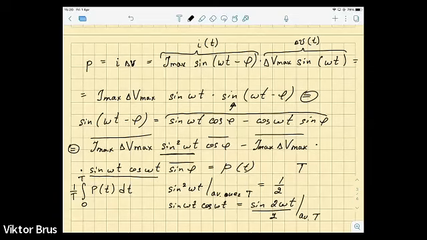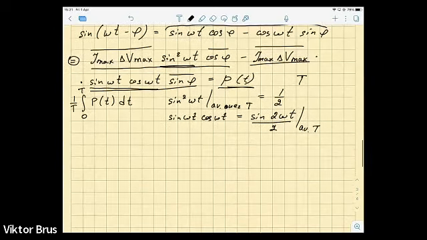And that's why the second term in this equation for power, instantaneous power as a function of time, which is this one, will give us on average over one period 0 contribution. So taking this into account and the contribution only from the first term, we can write that the average power over one period will be equal to the following equation.